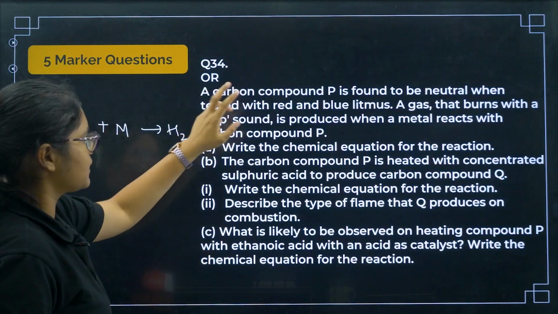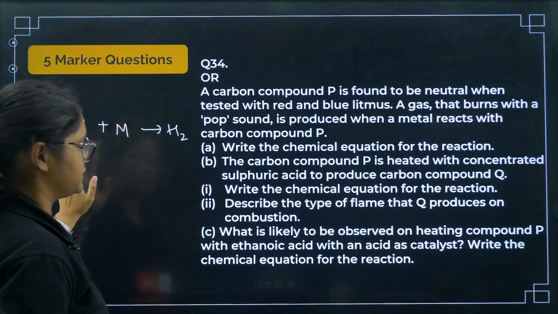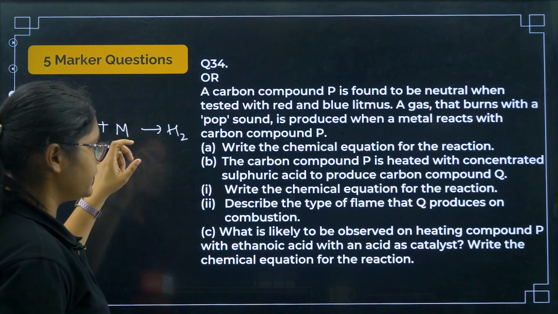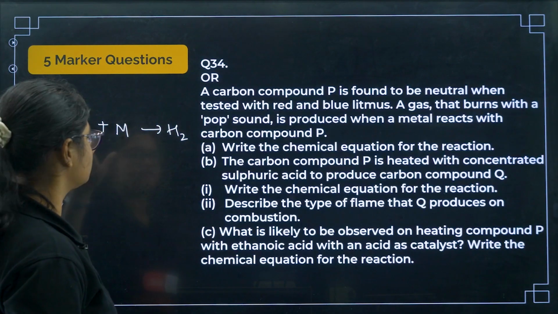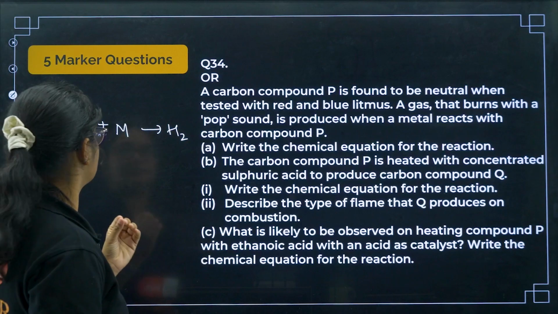Let me see. A carbon compound P is found to be neutral when tested with red and blue litmus. So this is a neutral compound. A gas that burns with a pop sound is produced. So this gas, hydrogen, is produced when a metal reacts with the carbon compound P. Write the chemical equation for the reaction.